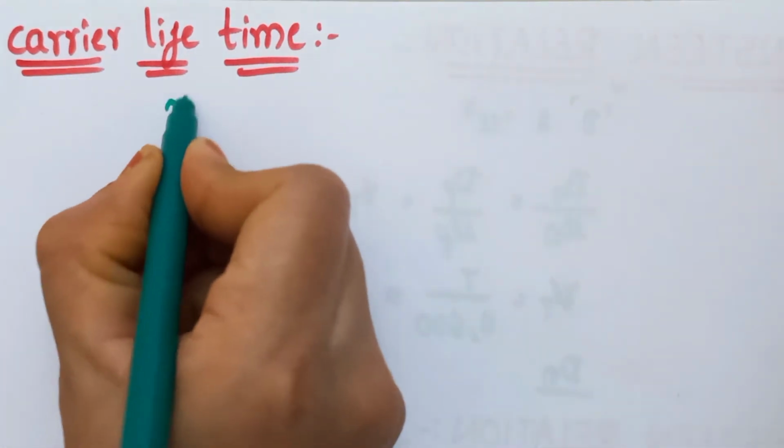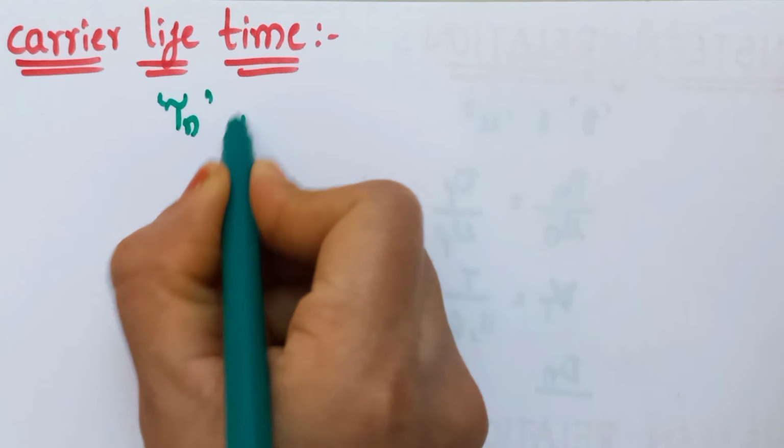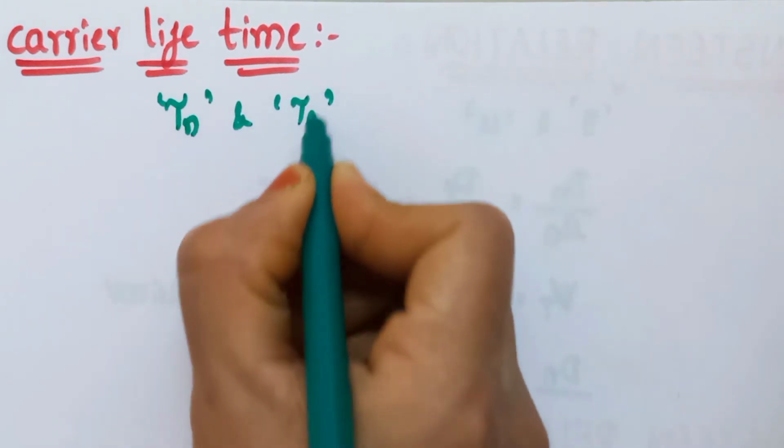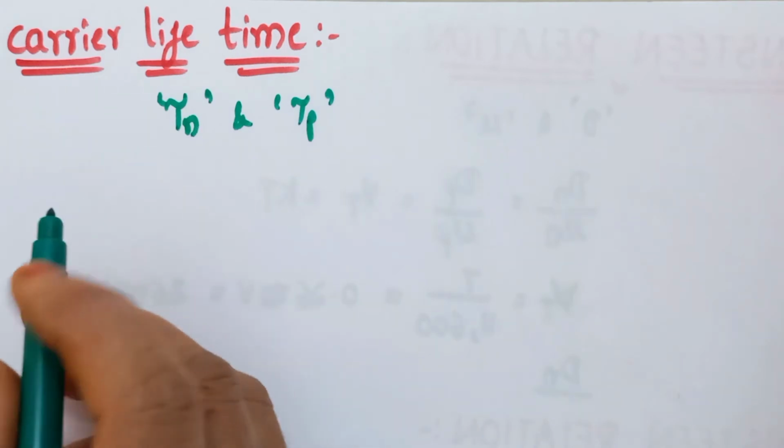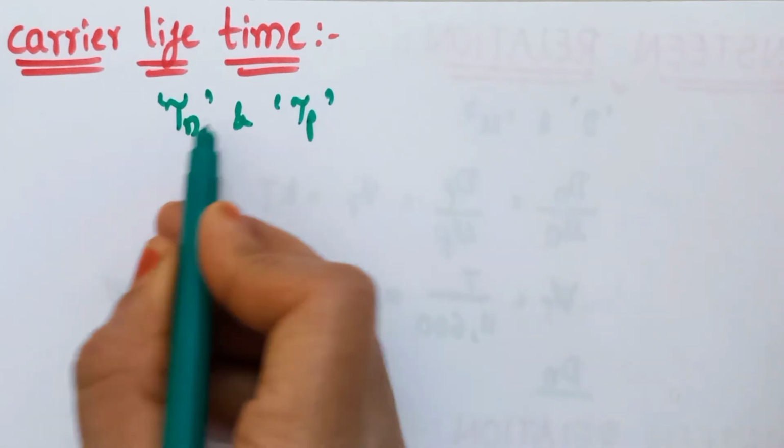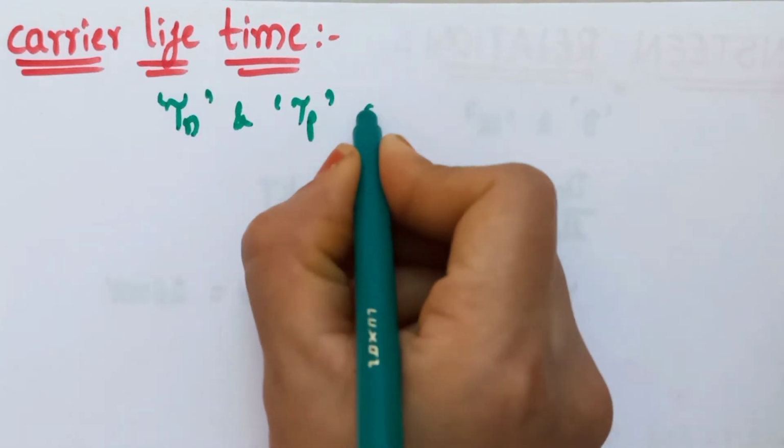Now I would like to discuss one more small topic, that is the carrier lifetime. Due to thermal agitation, electron hole pairs are produced, while electron and hole pairs disappear due to recombination. On an average, an electron or hole exists for tau n or tau p seconds before recombination, that is the carrier lifetime of electrons and holes.